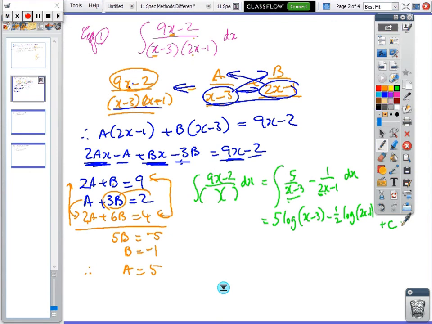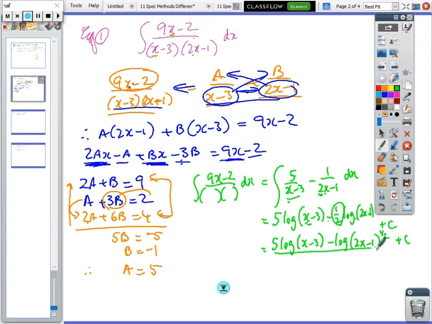Strictly speaking, if you want to, and I think most books will, they'll combine these together. So before you can combine these 2 through the minus sign, you need to get rid of that half. So we've got 5 log x minus 3 minus log 2x minus 1 to the power of a half plus c.